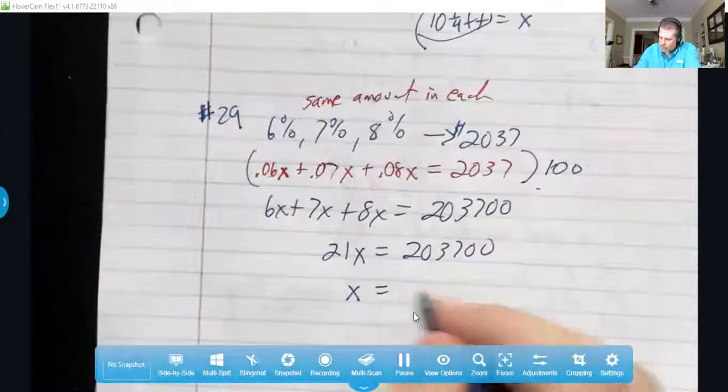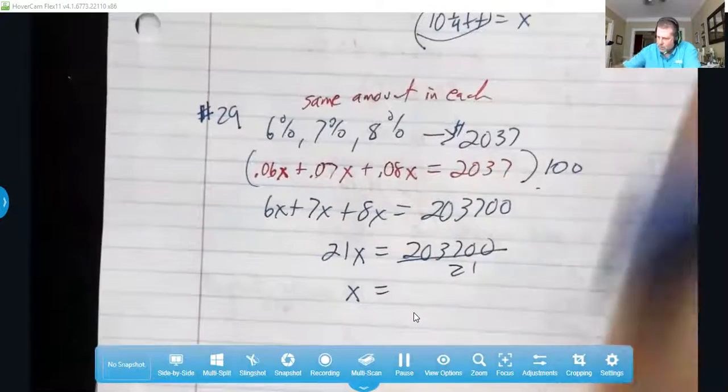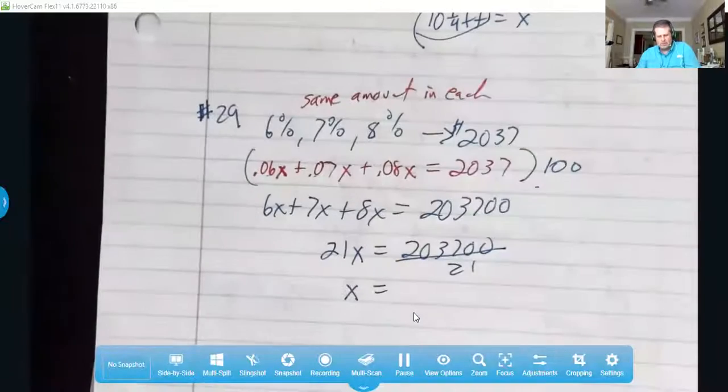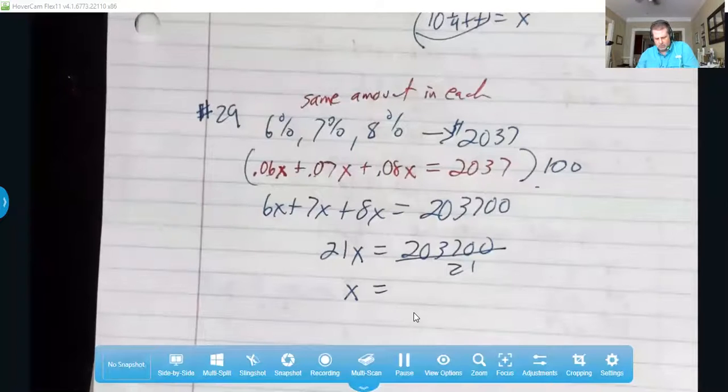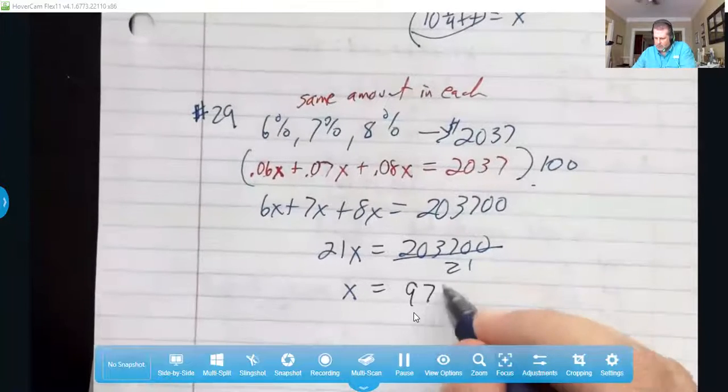Okay, and when I divide by 21, I am going to get, and just to make sure, 203,700 divided by 21. You get 9,700.